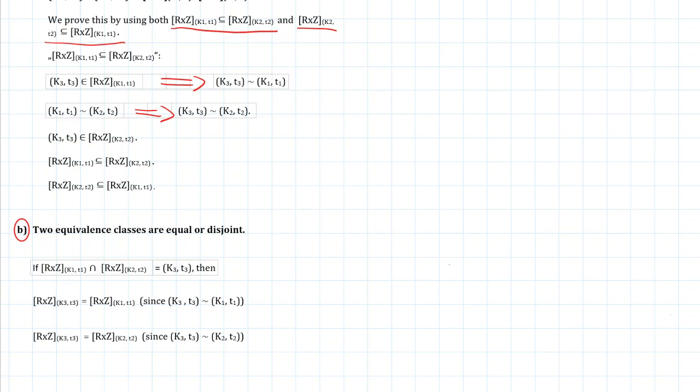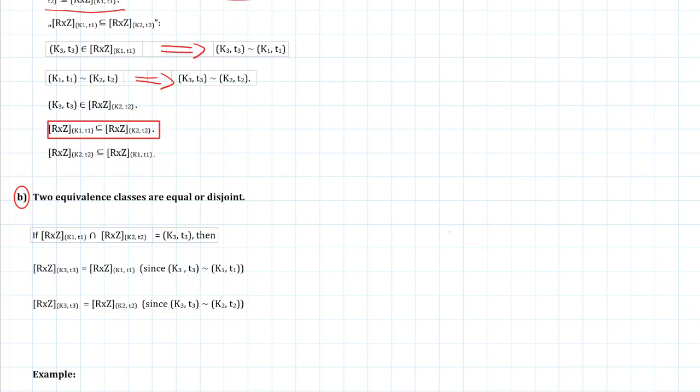So this means again that K3 is an element of the equivalence class of K2. So we showed that the equivalence class of K1 is a subset of the equivalence class of K2, because every element of the equivalence class of K1 is also in the equivalence class of K2.